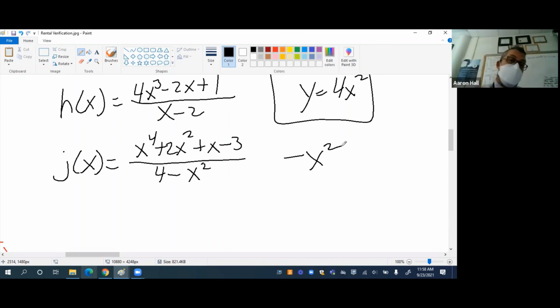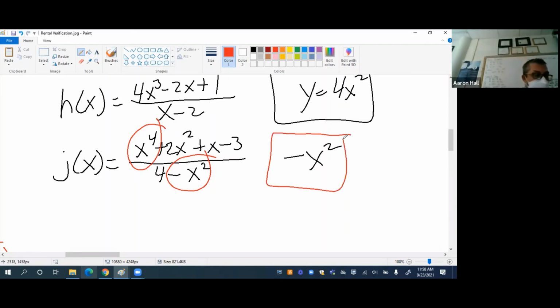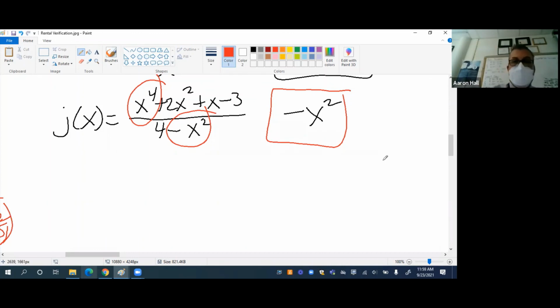The leading terms in this case are this one and this one. That one's not written in descending order of exponents. So that's going to give us this as our end behavior model. Do you have time for one more? Okay, so now this is the last one.